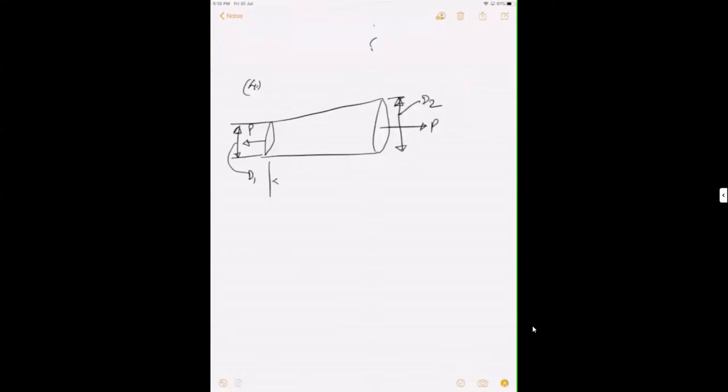Now I am assuming at a distance X, I have cut a section here, X and X, whose distance is dx, and this diameter is, let's suppose, dx. So area at section X is pi by 4 into dx square.